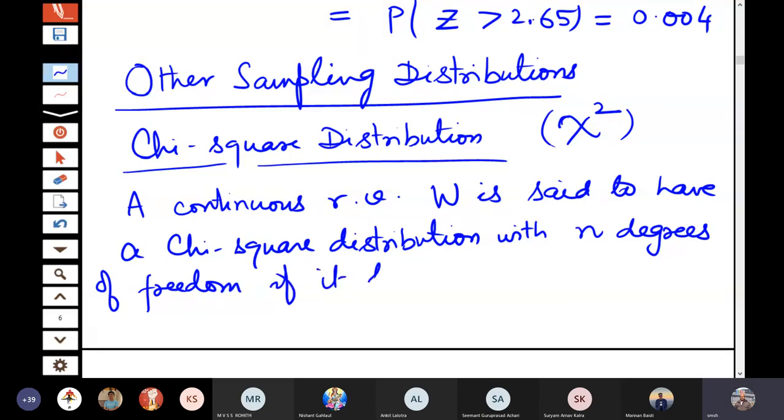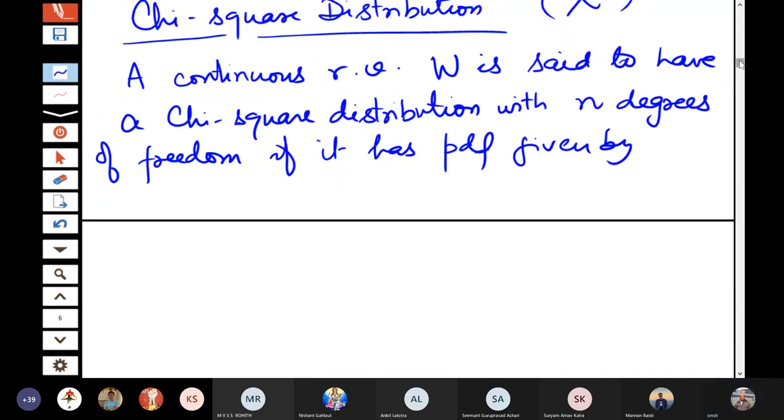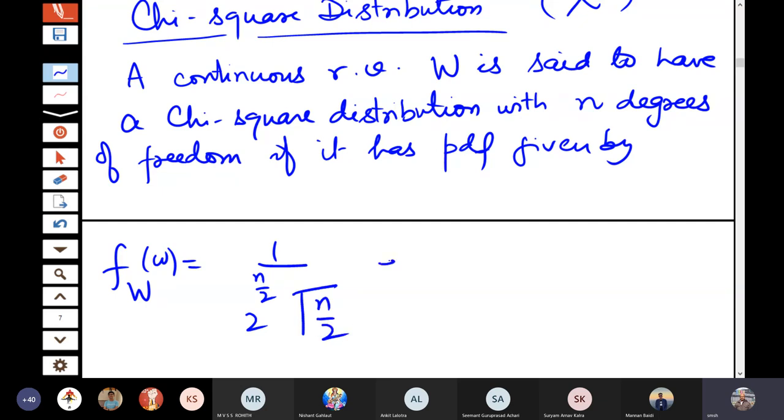If it has probability density function given by 1 over 2 to the power n by 2 gamma of n by 2, e to the power minus w by 2, w to the power n by 2 minus 1, where w is positive and of course n is positive.